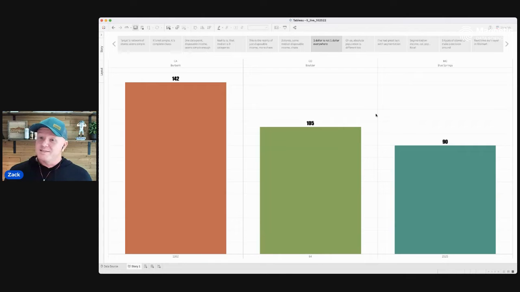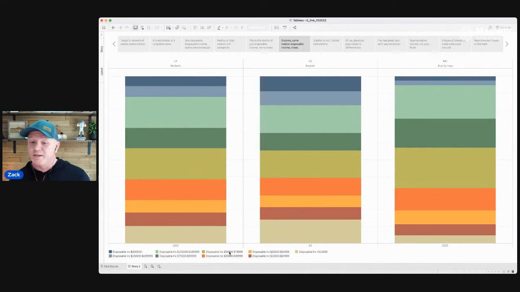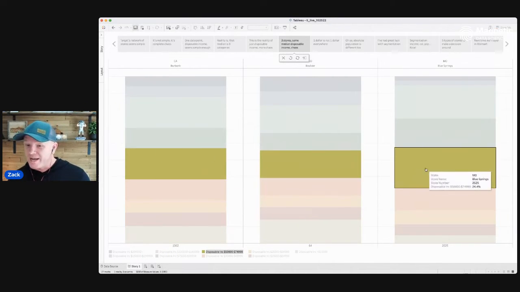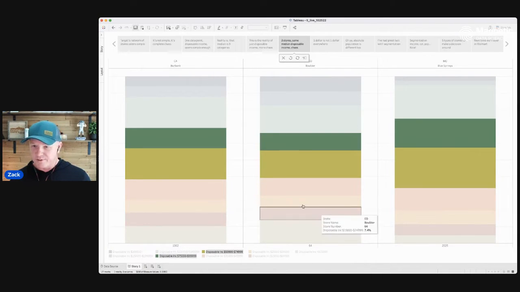It's showing you the cost of living index for those locations. So 100 is the average across the country. If you're at 100, you're at the average. So Boulder is at 105. That's pretty close to the average. Blue Springs is at 90. Burbank, 142.